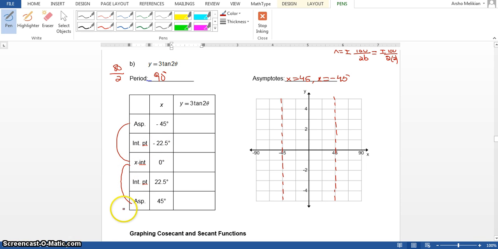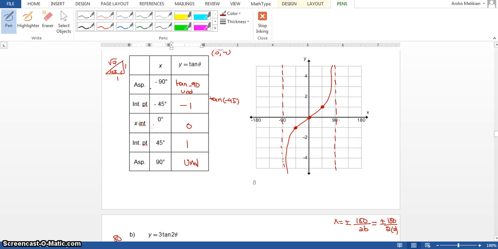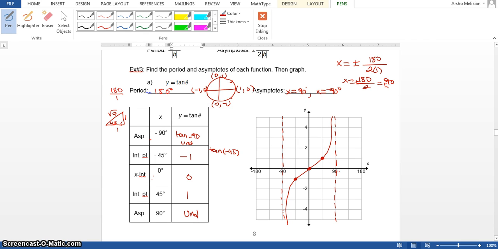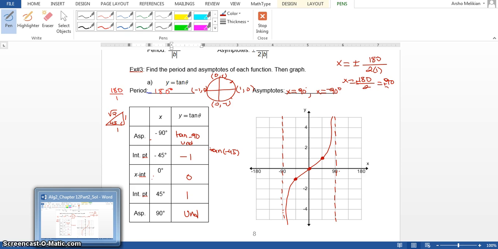Halfway between these two is positive 22.5. Okay? All right. So here we're going to have 3 tangent 2 times negative 45. 3 tangent of negative 90. So again, what is tangent of negative 90? That's this point. It's undefined. 1 over 0 is undefined.